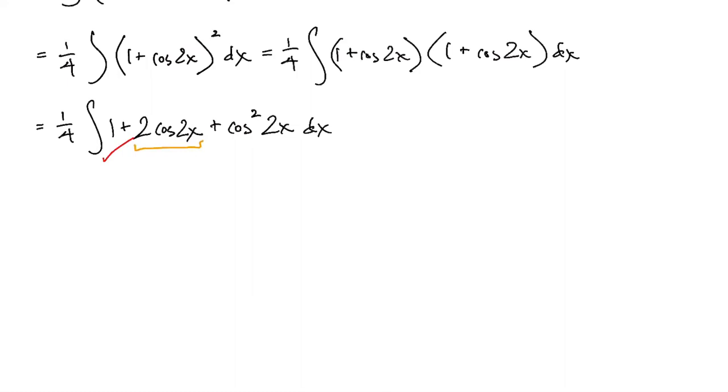This 2 cosine 2x, I can integrate that, but I'm going to need u sub. The problem comes here, the cosine squared. I'm not any better off, because I had cosine to the 4th and I couldn't do that. Cosine squared by itself, I still can't do that. So what we're going to need to do is make another substitution.